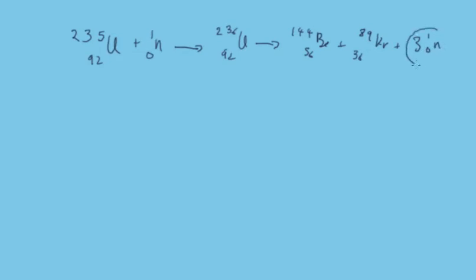Now, these 3 neutrons are quite important. If you've got a sample of uranium-235 and you're bombarding it with 1 neutron, you're very quickly going to end up with 3, which are then free to bombard more uranium.